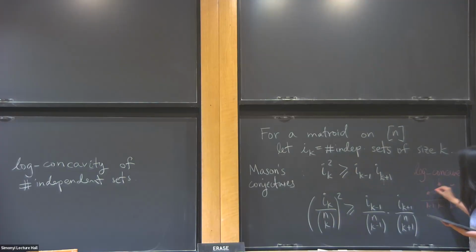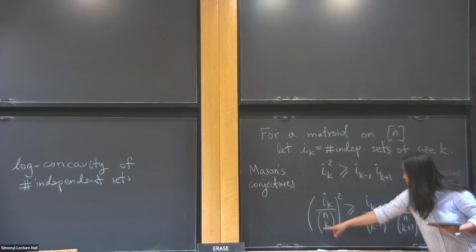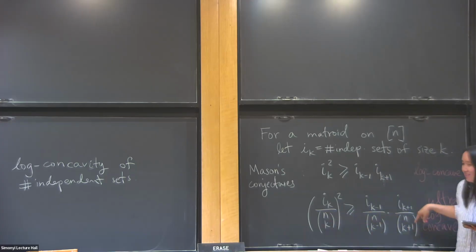Concave means that the midpoint is higher than the average of the endpoints. So if you take the log, it's going to be concave. And the second one is ultra log-concave, or Newton-like inequalities. This is stronger because the denominator here is bigger than the product, which follows from the log-concavity of the binomial coefficient.